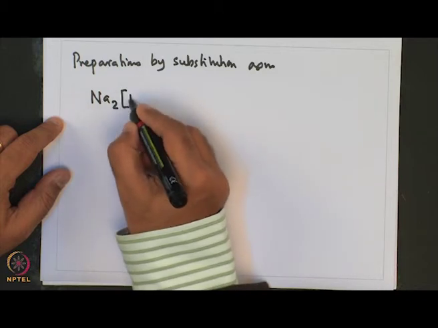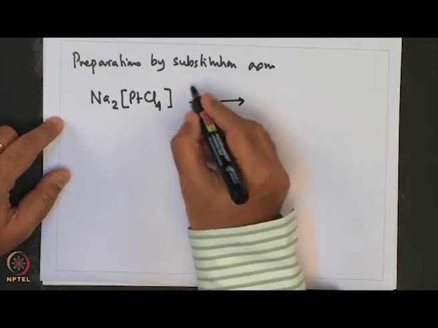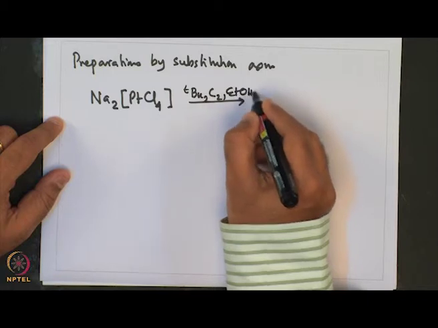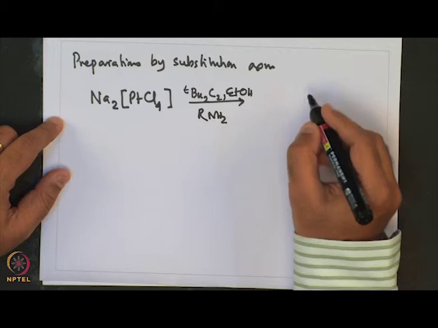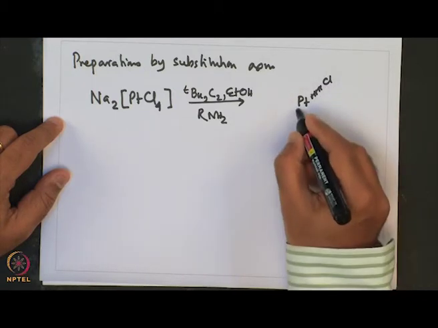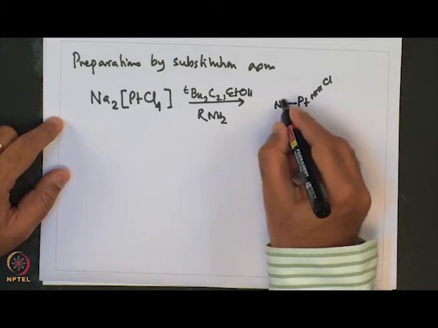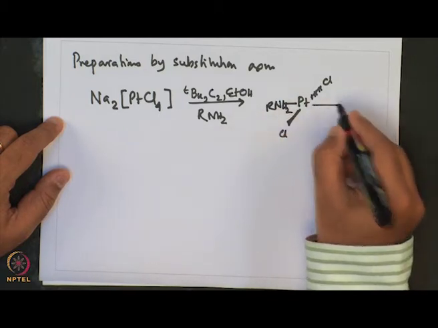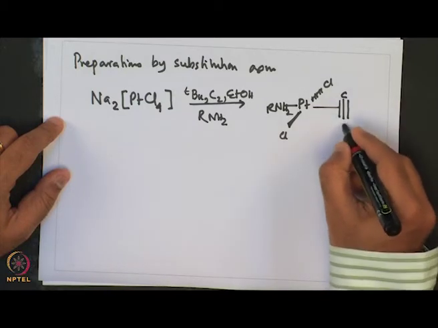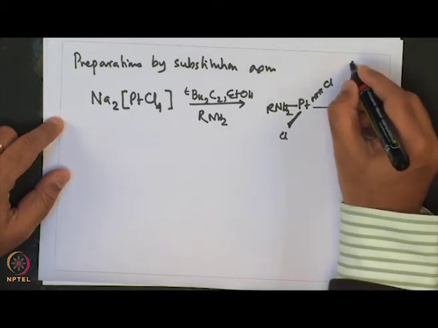This is Na2PtCl4 reacting with tBu2C2 in ethanol and RNH2, providing this PtCl complex with the acetylene, C tert-butyl, tert-butyl.